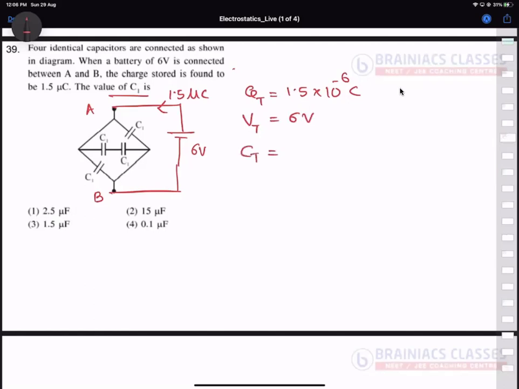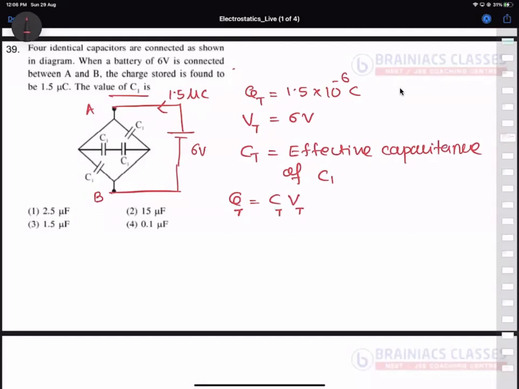I can write it as the effective capacitance of C1, CT. Using the general equation Q is equal to CV, charge is equal to C into V, so we have QT, CT, VT.